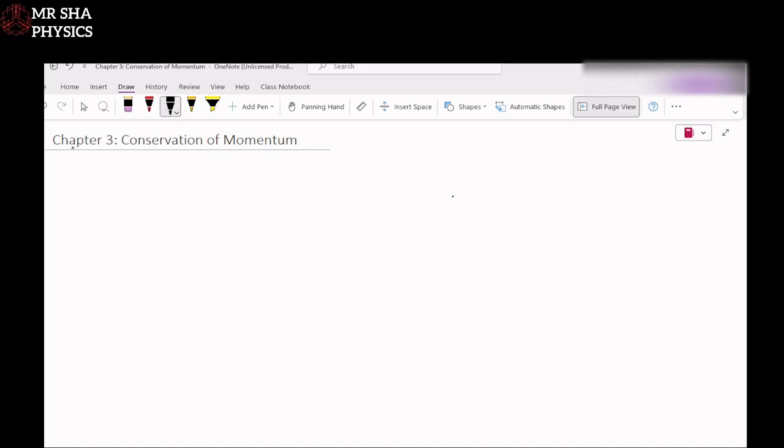Conservation of momentum is a very important concept. Its statement is simply that if no external force is applied to a system, then the total momentum will not change.